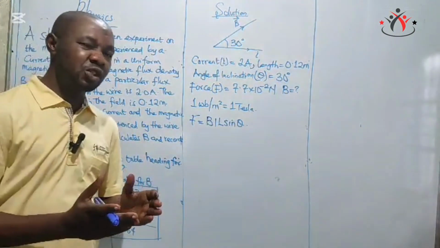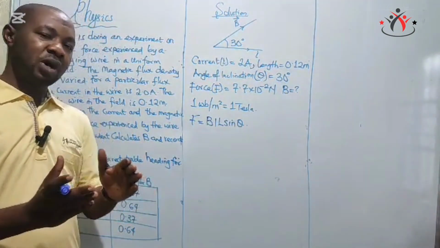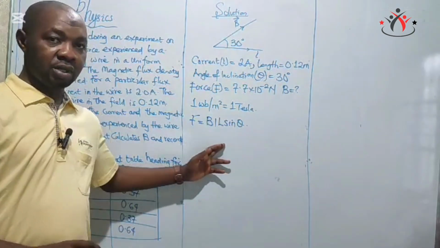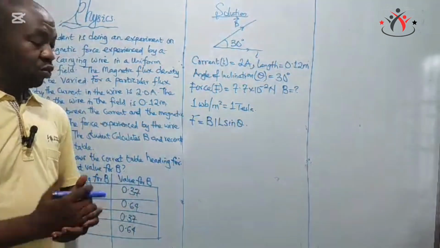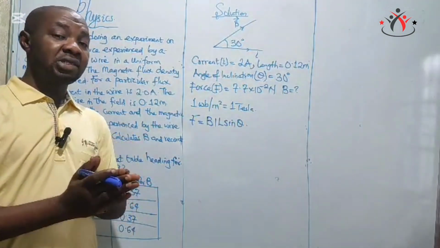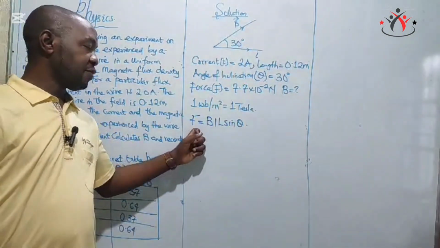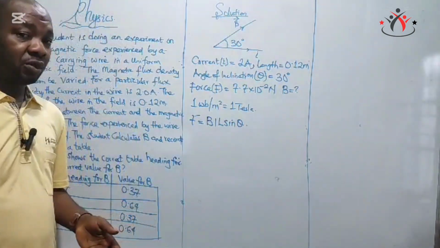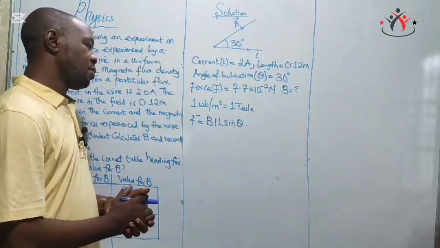Remember, when the inclination is between 0 and 90 degrees, this formula can be used. But when the inclination is exactly 90 degrees, then it will be F equals BIL. That's when the force becomes maximum.